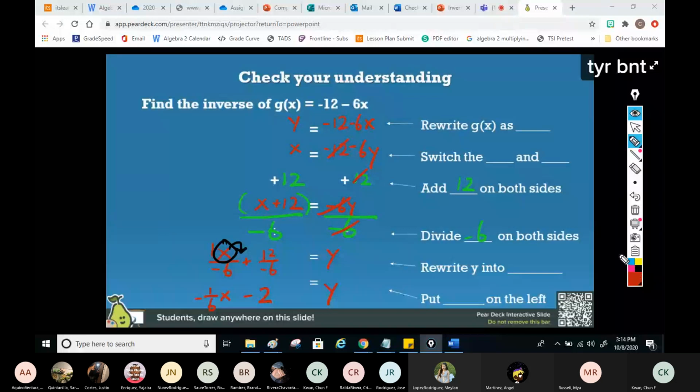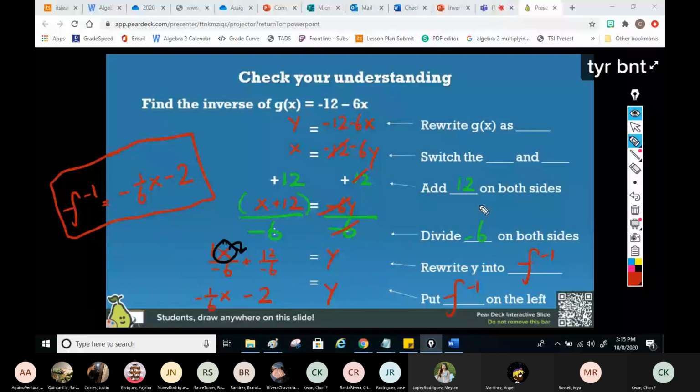All right, so that's pretty much all the calculation that we need. And then the next 2 steps, the last 2 steps, those are super easy. Rewrite y into inverse, and then put the inverse on the left. So that means your final answer is inverse equals to -1/6, x minus 2.